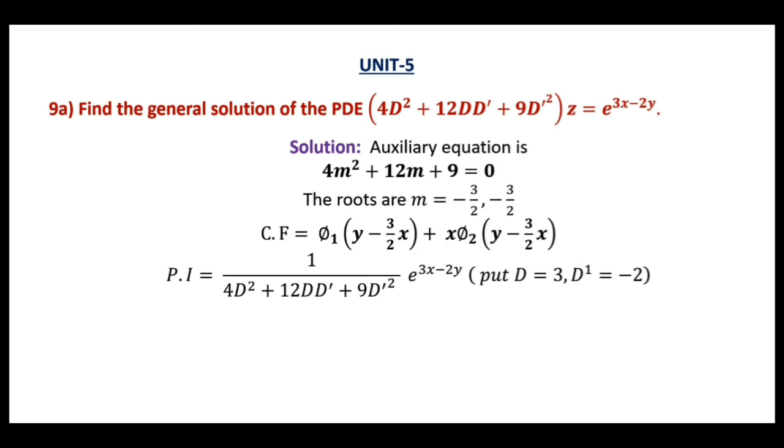But here when D is replaced with 3 and D' replaced with −2, the denominator becomes 0, so multiply with x and differentiate the denominator with respect to D partially. Again you get 0 by replacing D with 3 and D' with −2, so again multiply with x and differentiate partially with respect to D, and you have x²/8 into e^(3x−2y) as the particular integral.